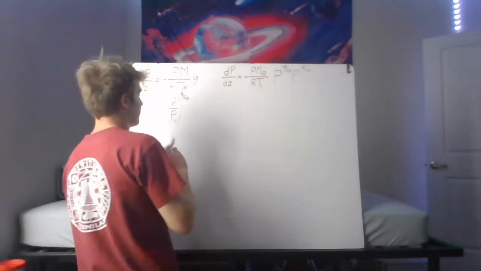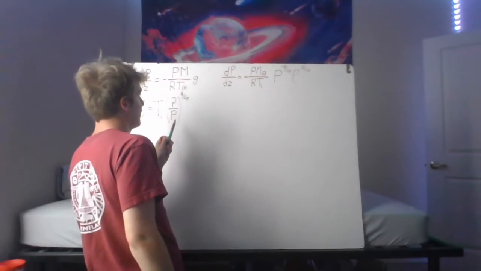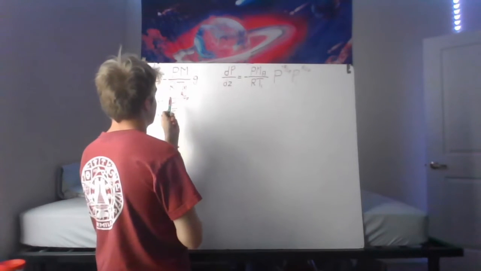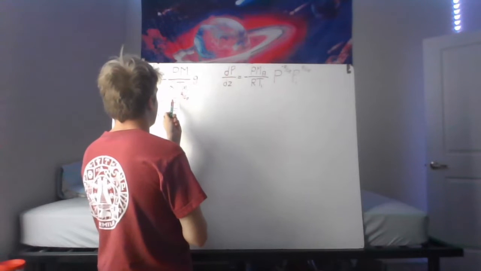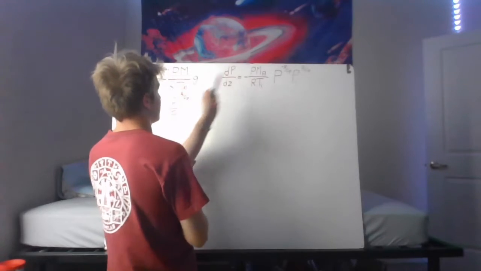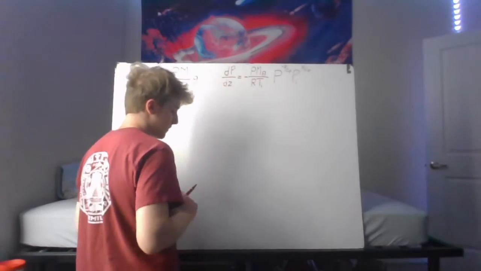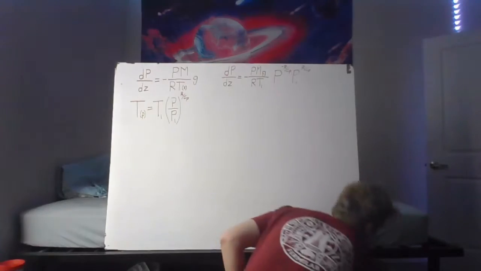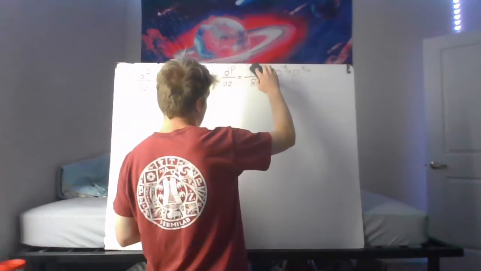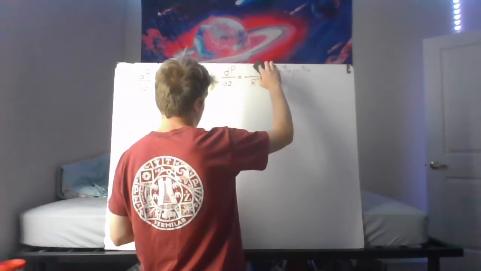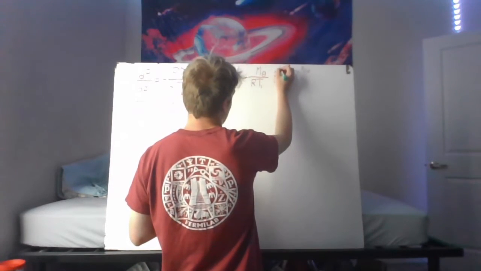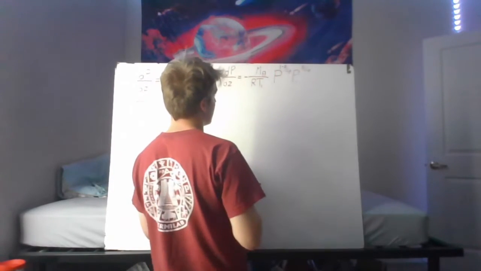And that will be because our P1 here is in the denominator of the denominator, so that means that the exponent will be positive. And then here, this P is in the numerator of the denominator, so that means that exponent will be negative. And now what we can do is combine these P's. So that will just make this P to the 1 minus R over Cp.